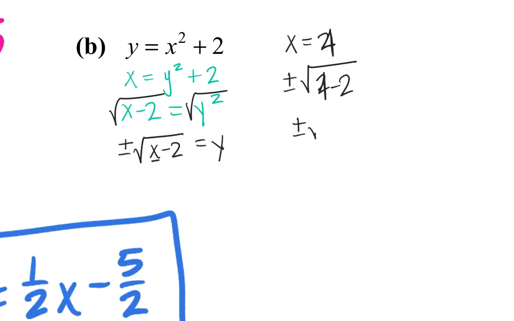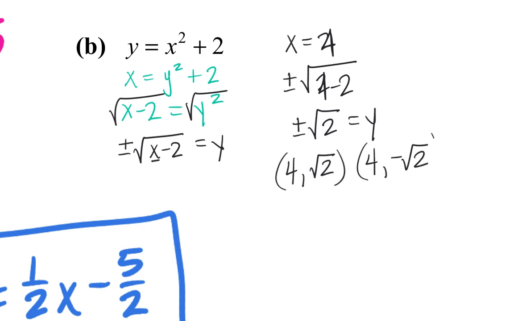So plus or minus the square root of 2 equals y. If I use 4, I have the square root of 2 and negative square root of 2. So since the x value is repeating, and I'm getting 2 separate y values as answers, this is not a function, or not a one-to-one function.